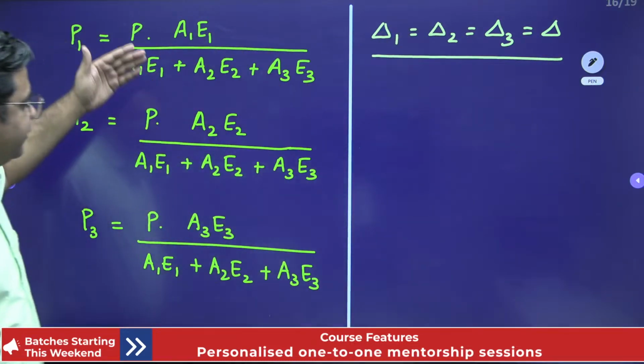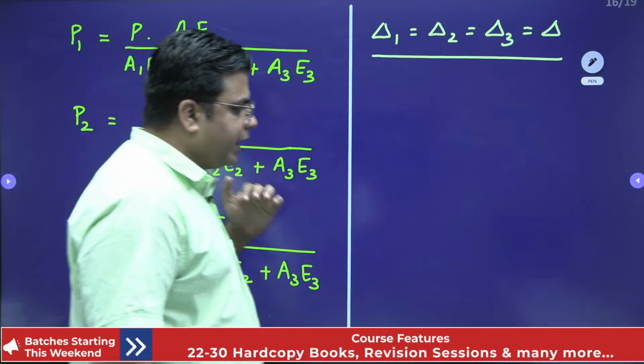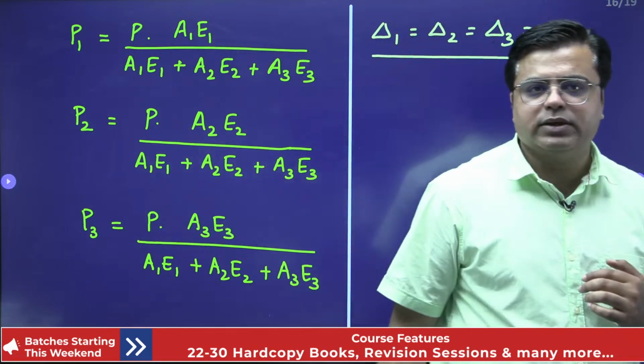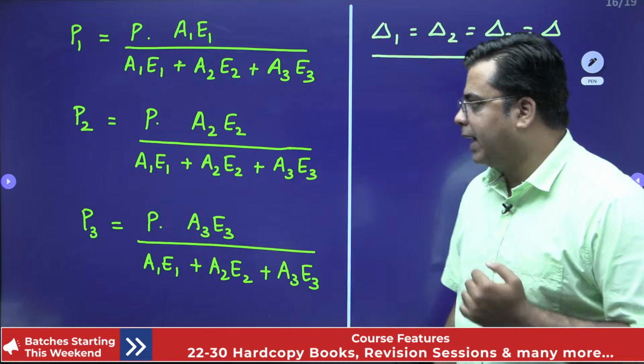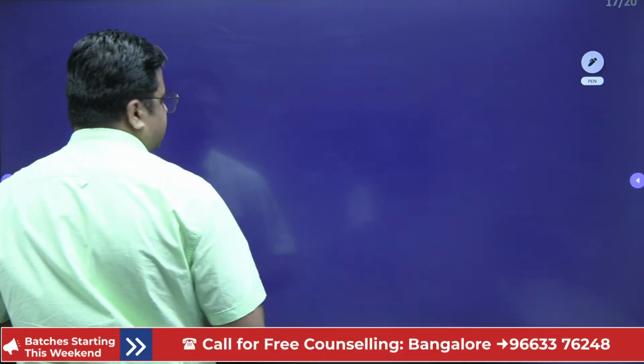But your individual loads will be different for the 3 members. And this is how you calculate the individual load for the members if they are connected in parallel, right? So just try this question quickly.